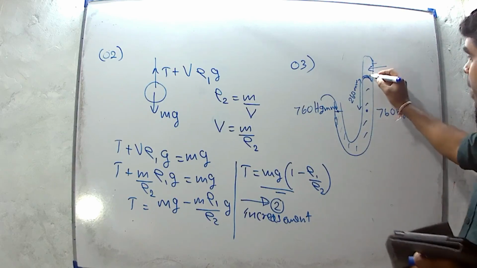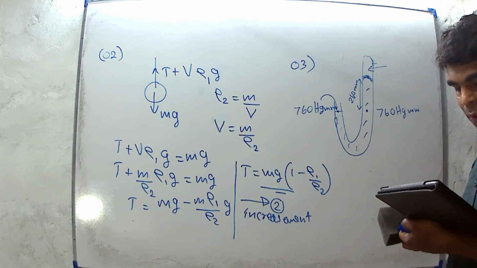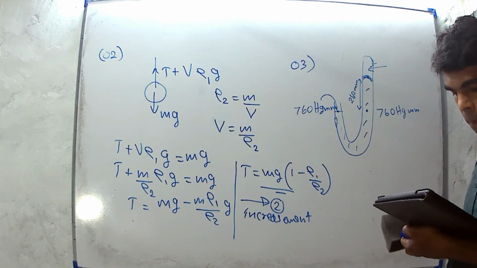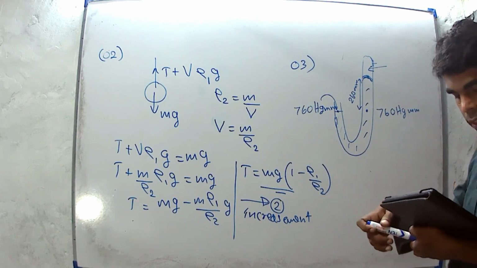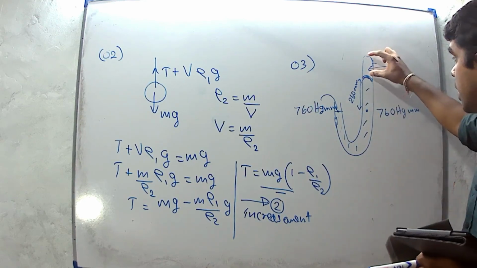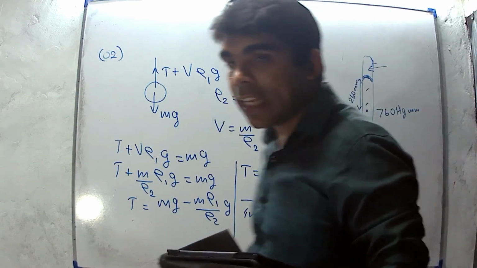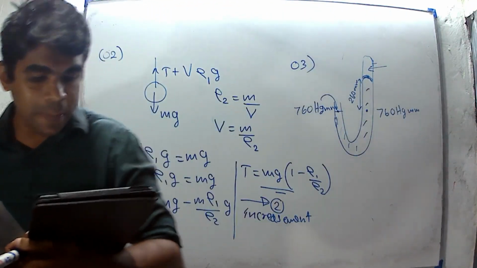Then pressure should be at 500 mercury millimeters. And there is a gas in this part. For a gas, we can consider that there is a constant pressure.